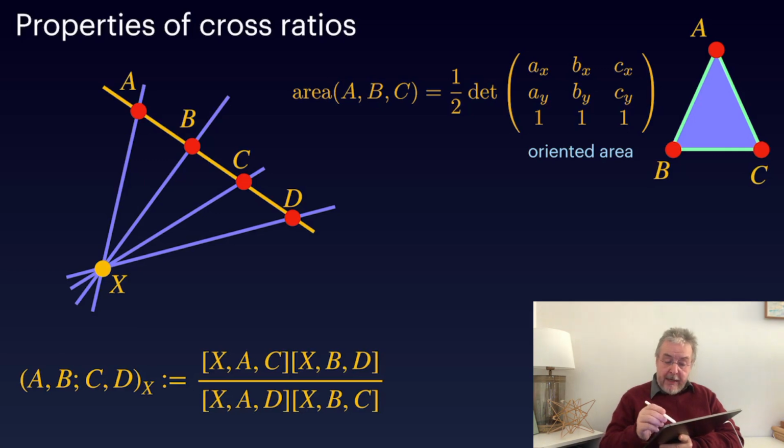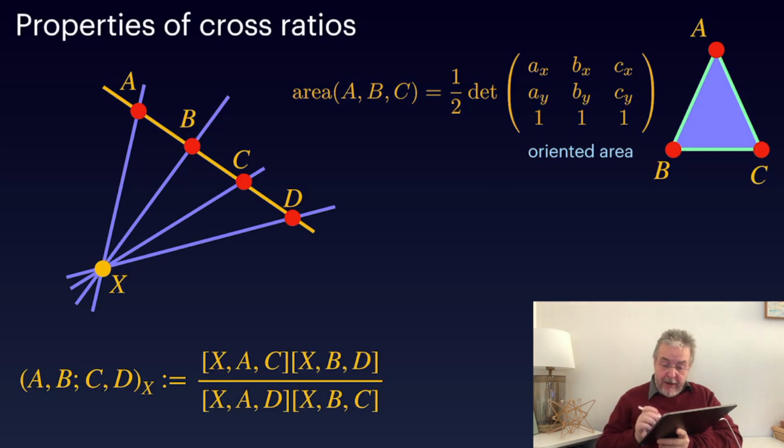You have to take the determinant of your 3 points in standard embedding. You need a 1 here, and the determinant turns out to be exactly twice the area of the triangle.